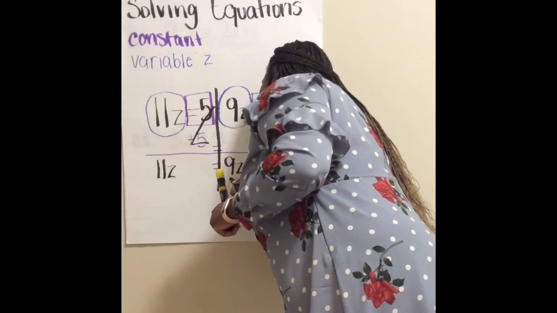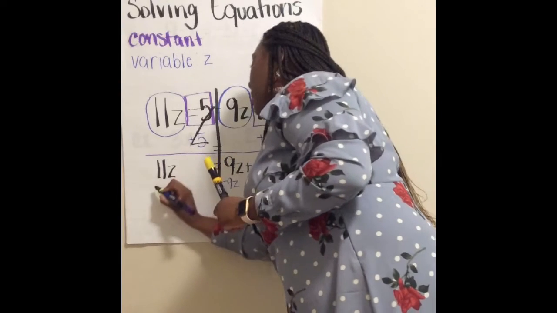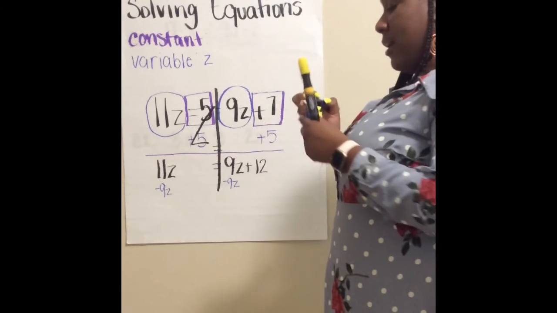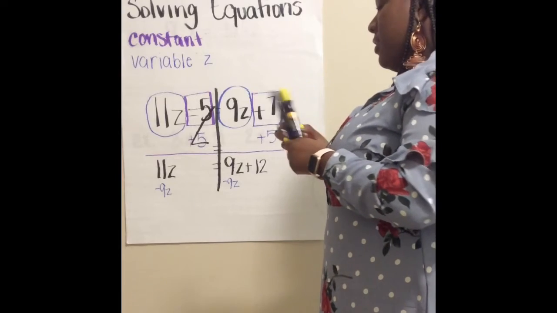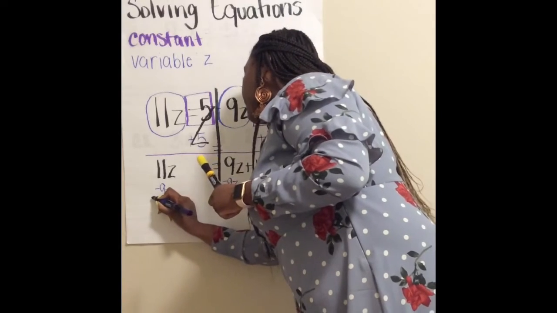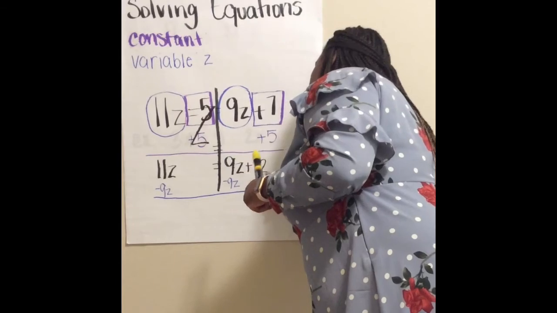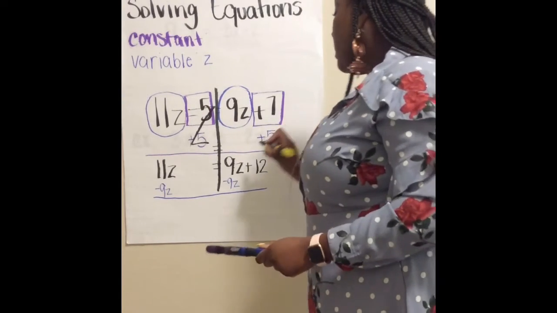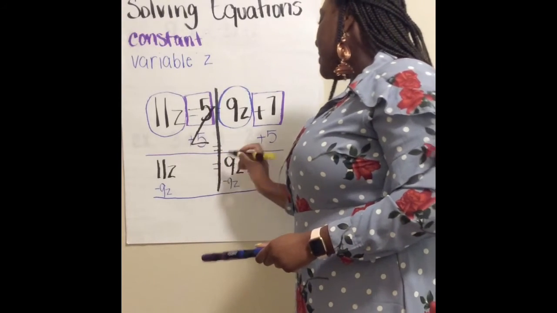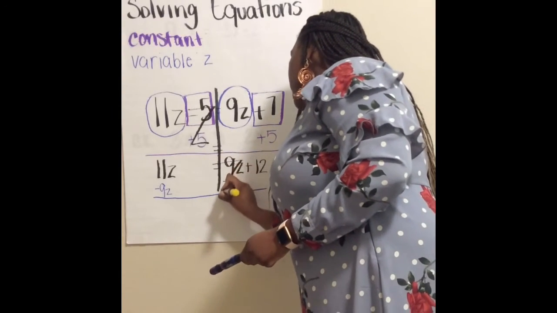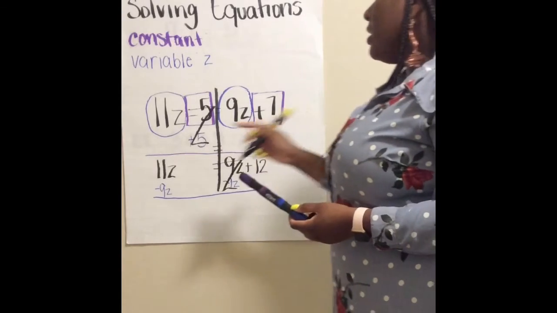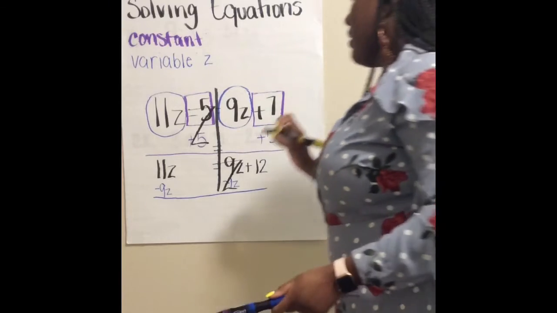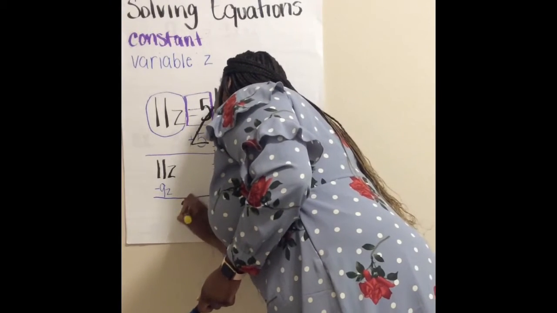So -9Z minus 9Z. Guys, remember, whatever you do to one side, you have to do to the other. So we draw a line. +9 minus 9 is canceled out. So we have a big Z. So 11 minus 9 is what? When you subtract that, you get what? 2Z, right?